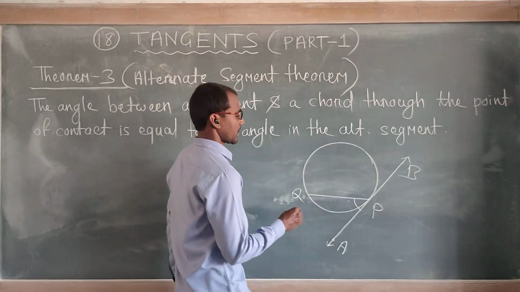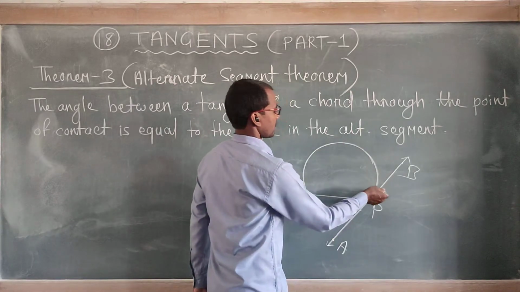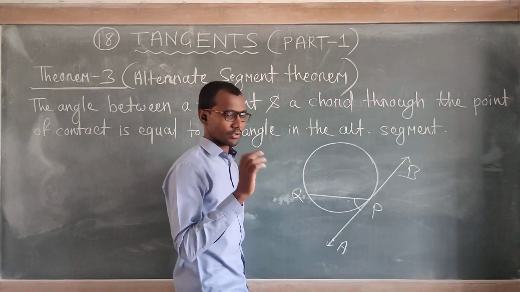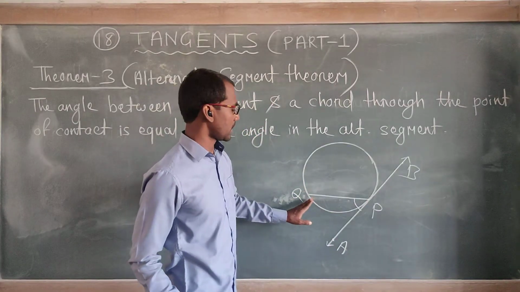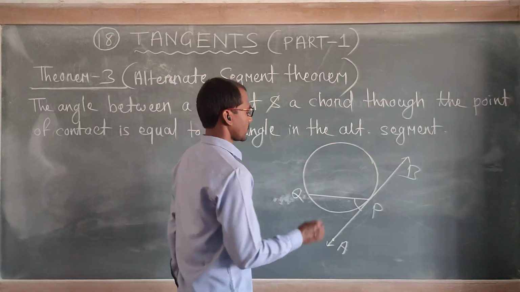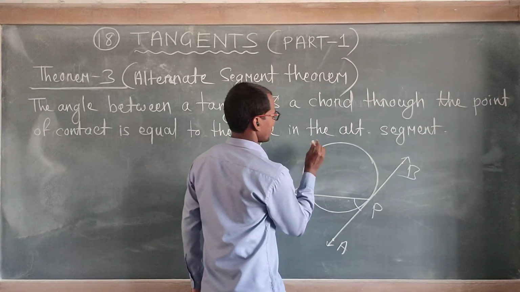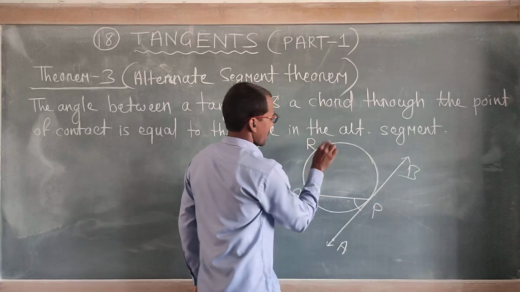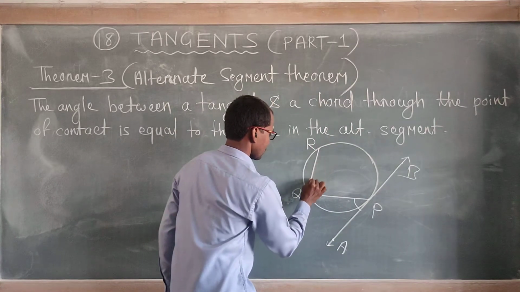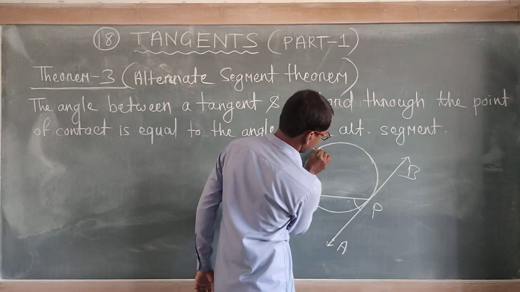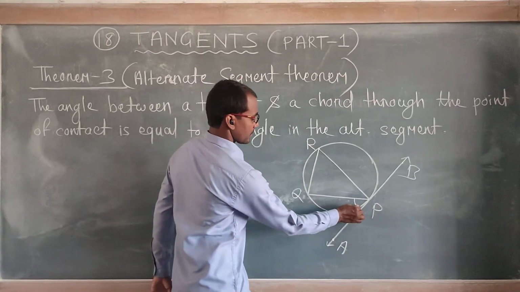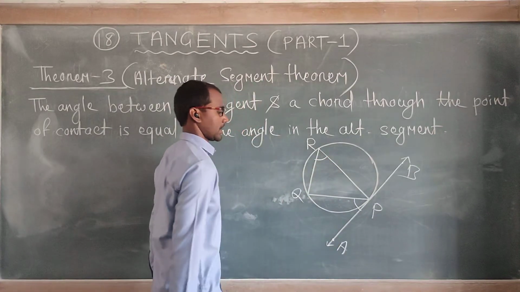Let us take a point anywhere on the circumference of this circle, but on the major arc. Take any point on the major arc. Suppose I take this point as R. Let us join RQ and RP. Now this angle will be equal to this angle.